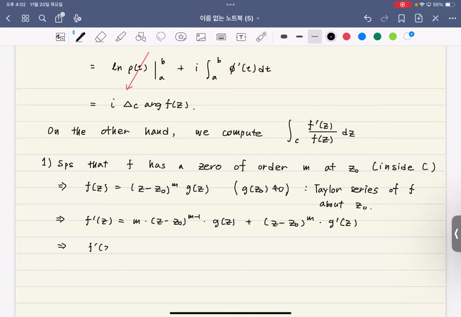So f prime over f is what? This is m over (z minus z0), plus g prime of z over g. Okay, good.